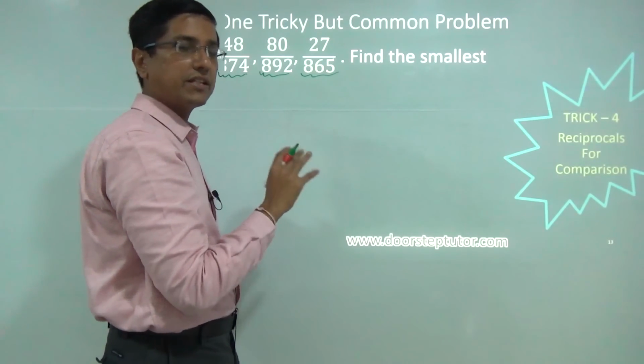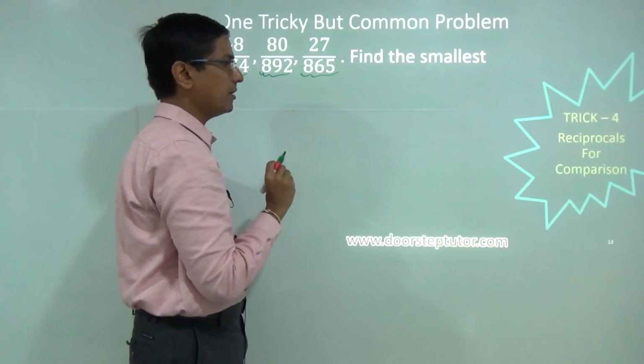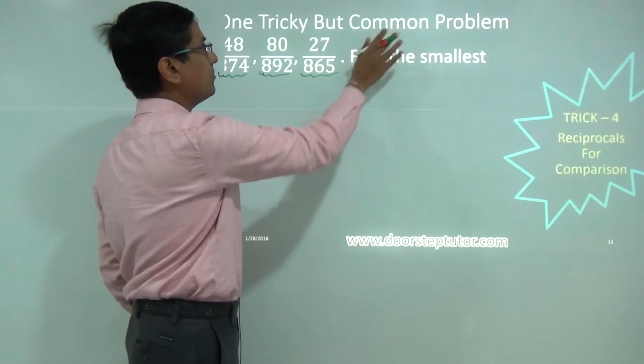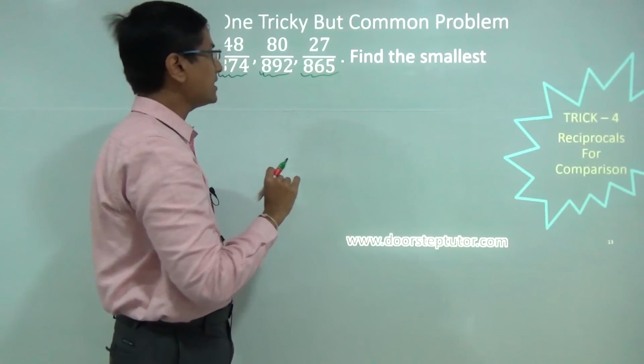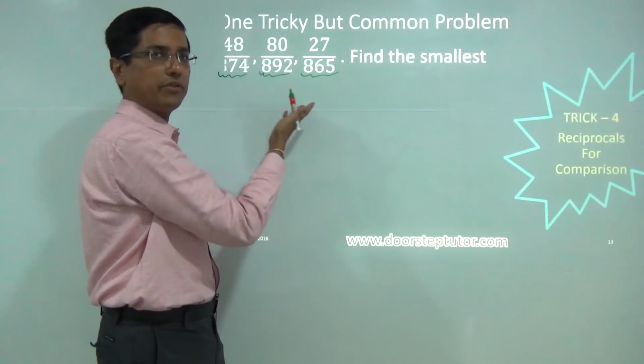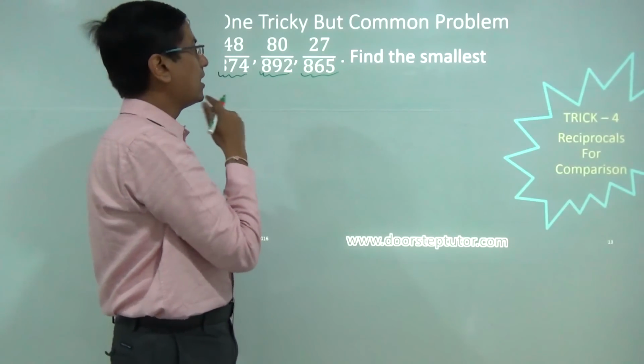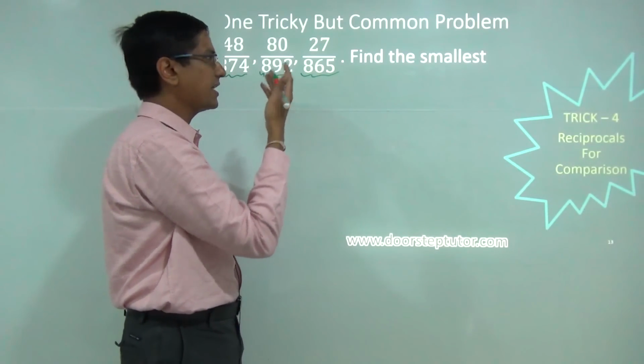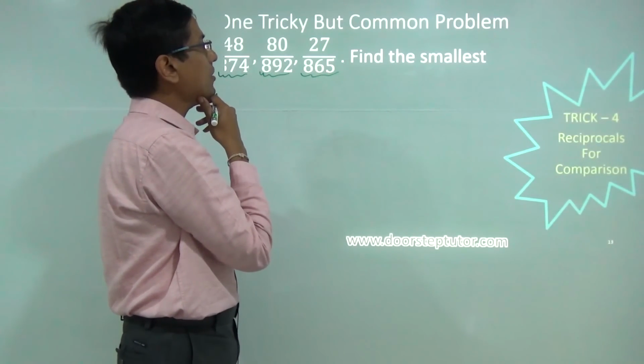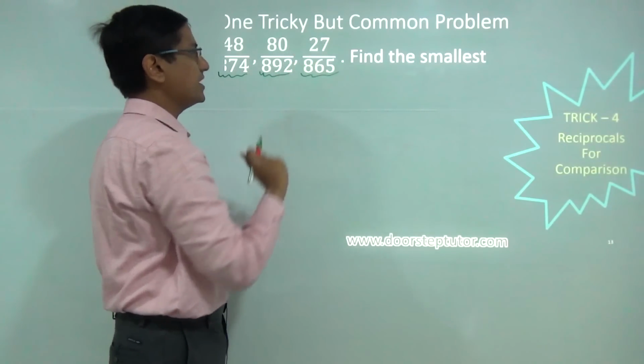A lot of teachers and books would tell you that one of the ways to compare fractions is either to make the denominator the same, which of course is possible, but it will take us forever, or to actually convert them to decimal.